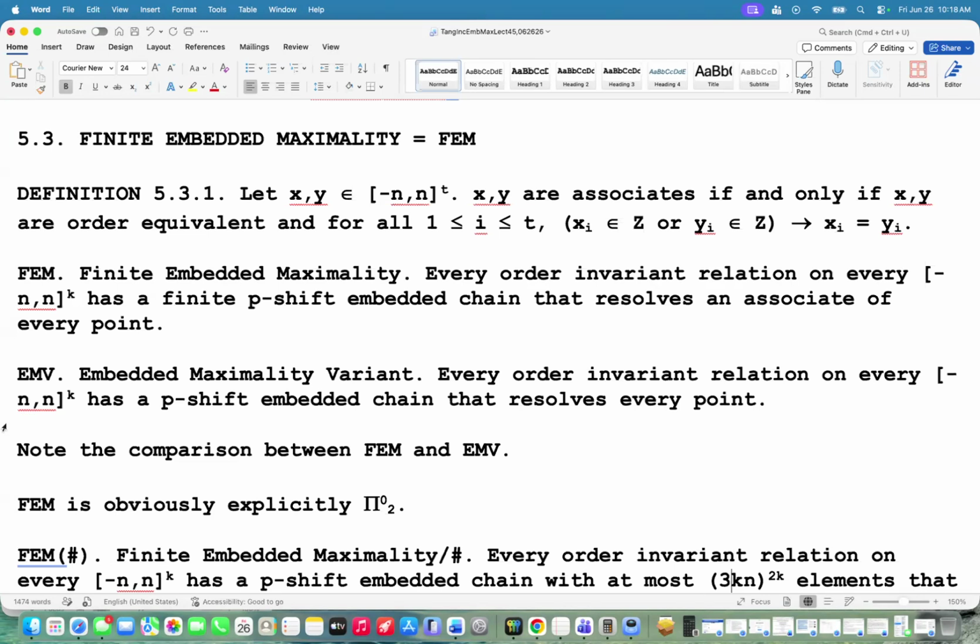So instead of saying it resolves every point, which forces it to be maybe infinite, you say that it resolves an associate of every point. That's what I'm saying.